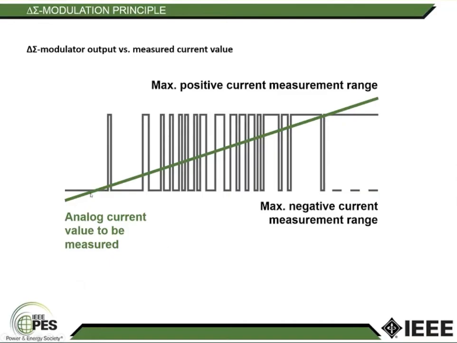You would get the negative end of your measurement range, in our example, minus 500 amps, if there's only a sequence of zeros in the 1-bit data stream. On the other hand, you would get the maximum positive current measurement range, so plus 500, if there's only ones in the 1-bit data stream. And accordingly, if you're right in the middle at 0 amps, you would get a sequence of 1s and 0s.